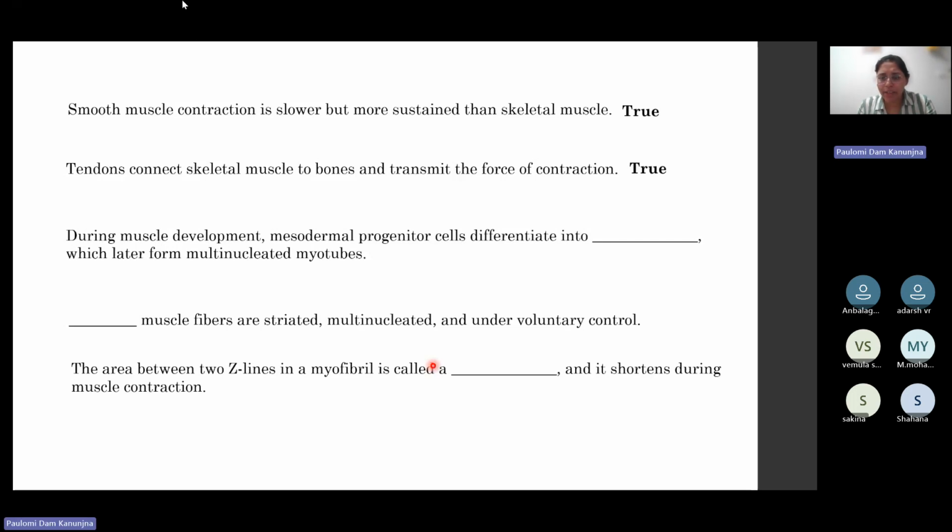Okay, one more minute and we can then discuss the answers, but keep guessing. It's okay. Even if it's incorrect, it's okay. It's not a worry.